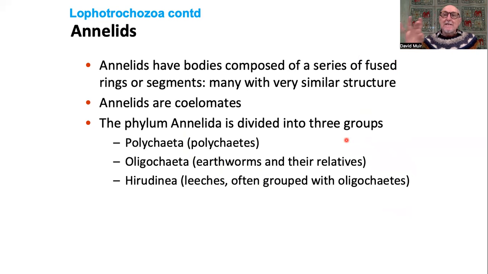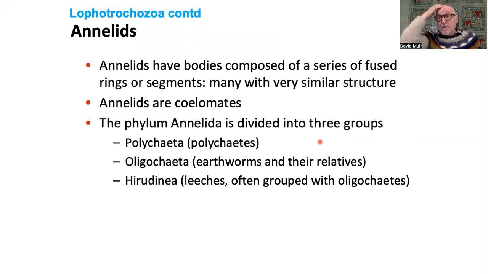And each repeating segment usually has similar organ systems. So in an earthworm, for example, many of the segments, each of them has a primitive kidney in it. Each of them has a nerve ganglion, etc., etc., etc.